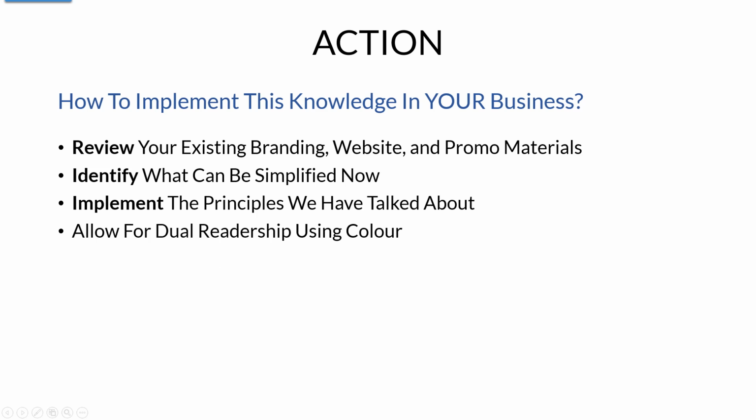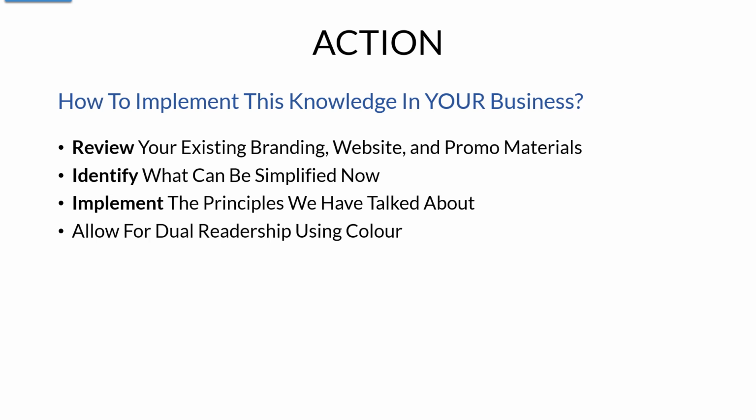Allow for dual readership. This isn't technically color, however it is also. It depends on how you use this. But remember, there's always two types of people. There's the people who just want to go boom and know what you're talking about, what your offer is, what your service is, what your problem solving solution is.